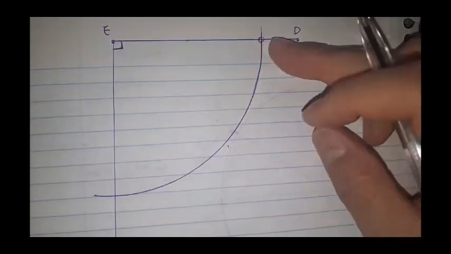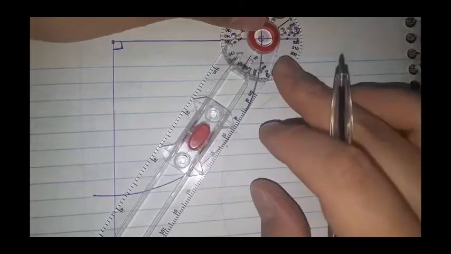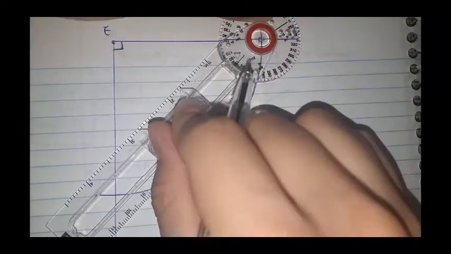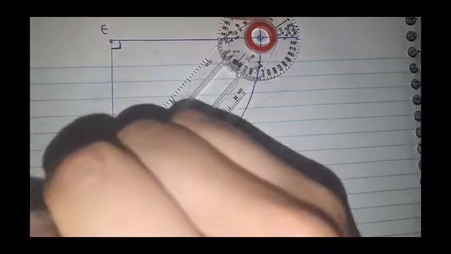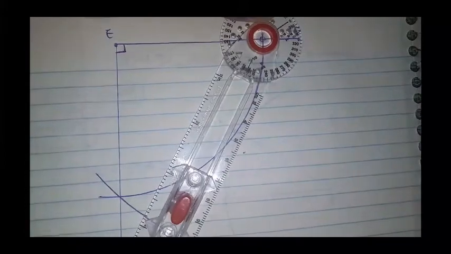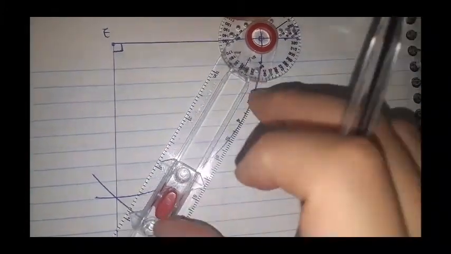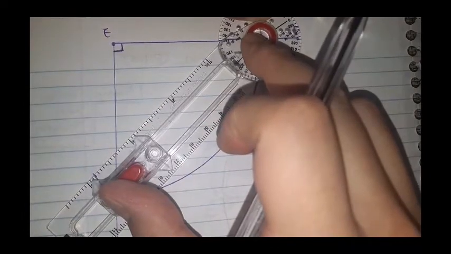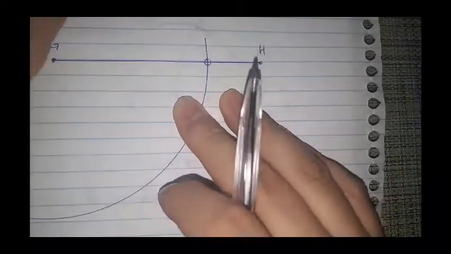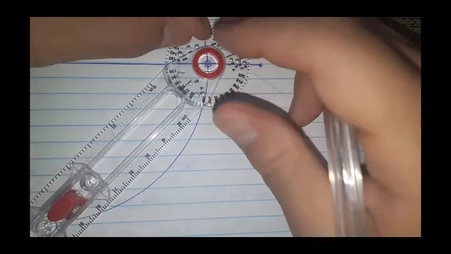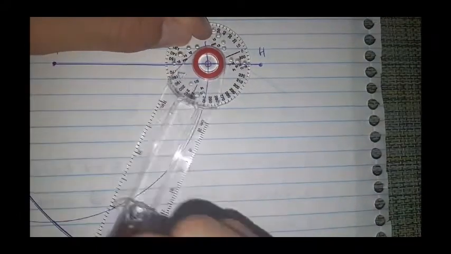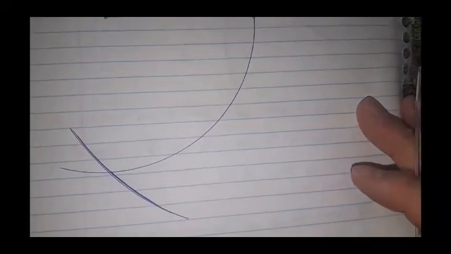Step number 3. Now this is a tough one. From one end, you need to estimate the distance using your compass. Of course, I need to extend my line so that, there you go, that's a good estimation. Remember that distance, which is the radius of an arc, and apply that distance at the intersection point of my replicated angle.